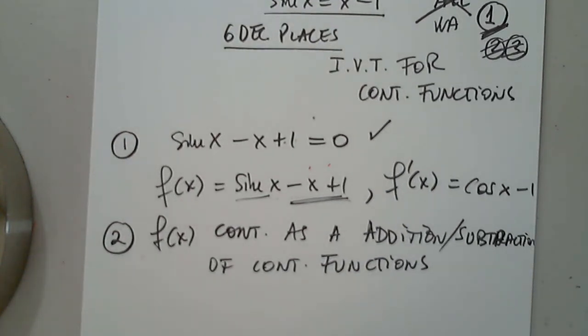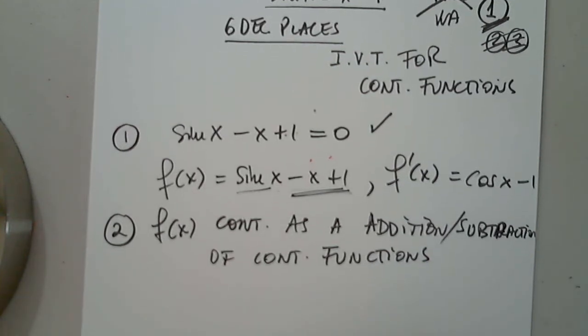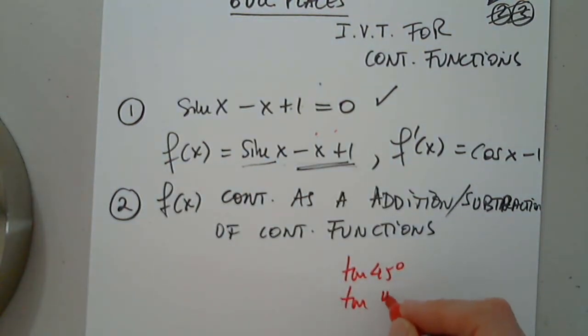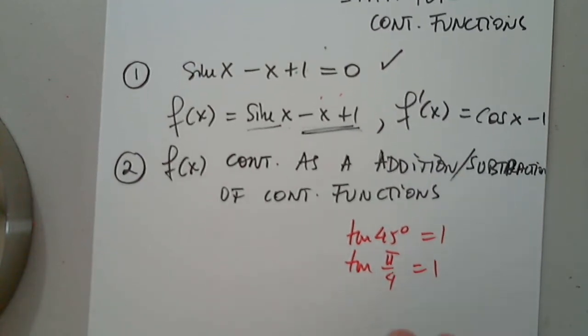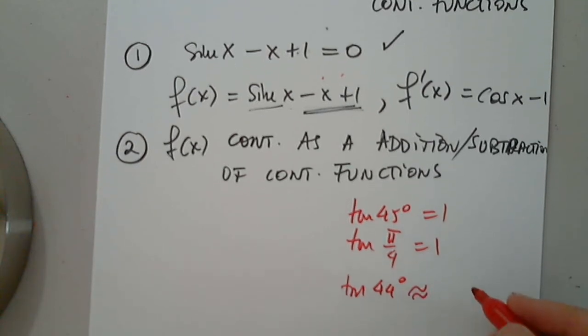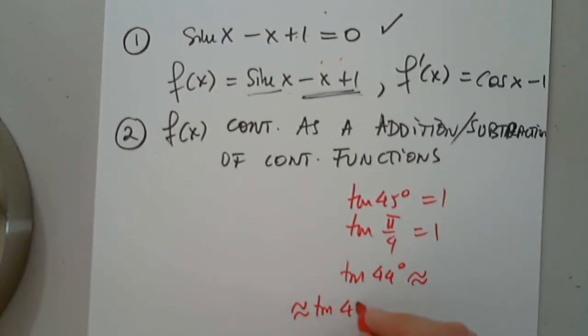We had this discussion when we talked about approximations. So if I have tangent 45 degrees or tangent pi over 4, inside a trig function, it doesn't matter. The answer is still 1. But if I have, let's say, like we were trying to approximate this, we wrote it's approximately tangent 45 degrees plus f prime, which is secant squared 45 degrees, times -1 degree.